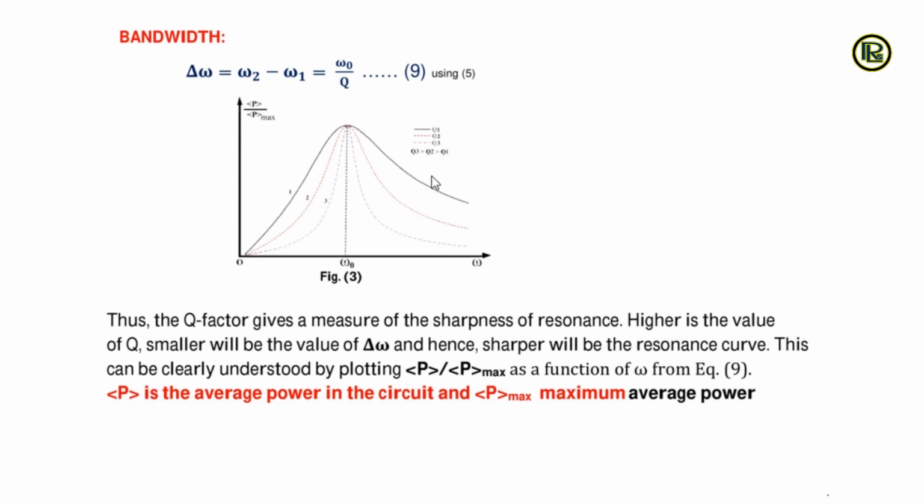And what we find is that the curve with quality factor Q3 is very sharp compared to curve number 1 and curve number 2, because here the quality factor is highest. Thus, the Q factor gives a measure of the sharpness of resonance, and the higher the value of Q, the smaller will be the value of bandwidth. So bandwidth is the width of this curve.